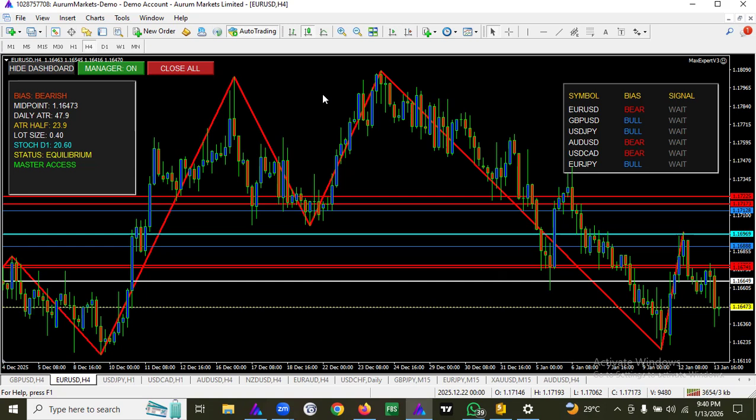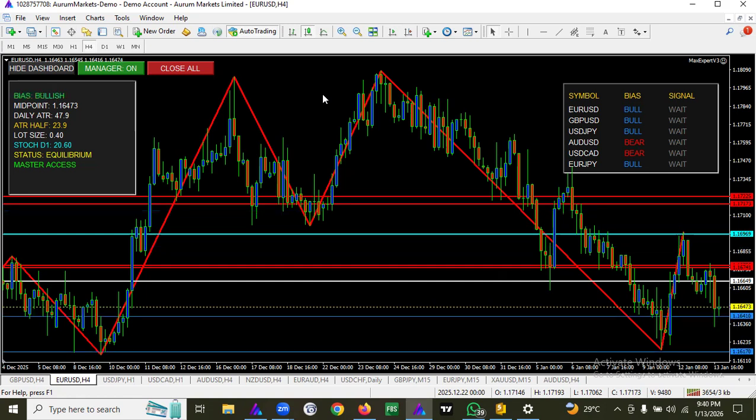Now this stock value, I don't really understand. This stock value is what will determine if price is at discount, premium, or equilibrium. What you should focus on is this status, either equilibrium, premium, or discount.